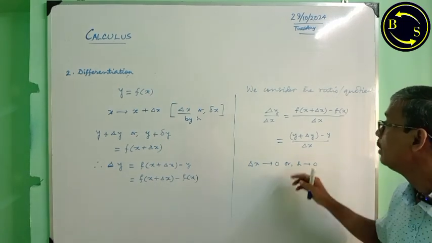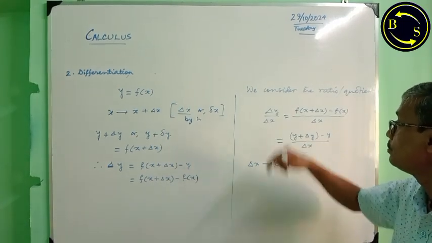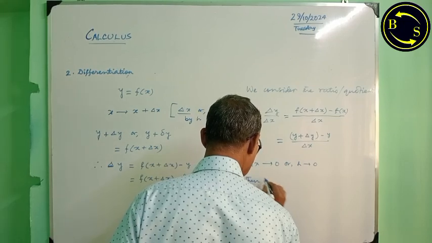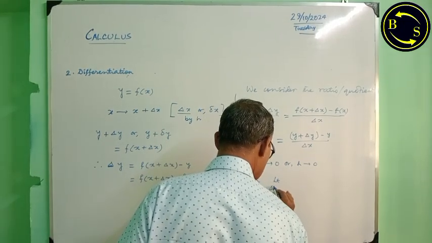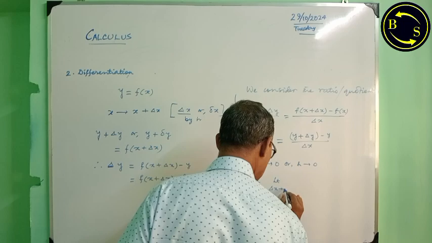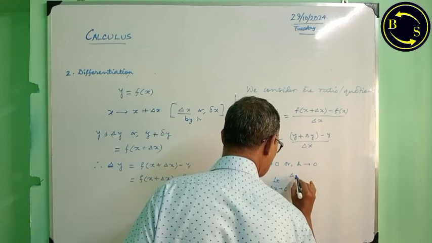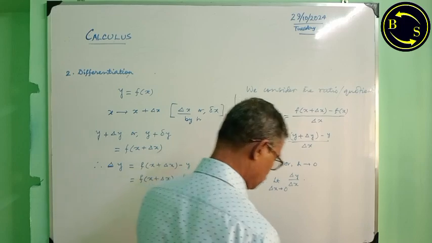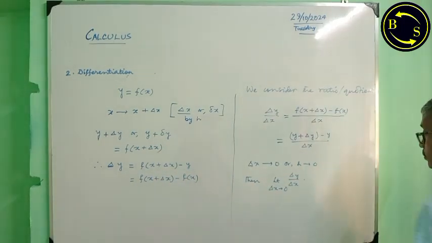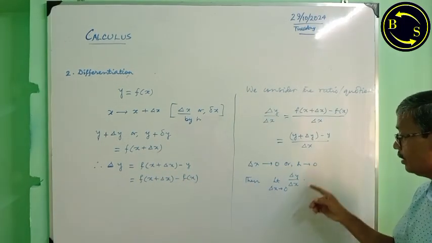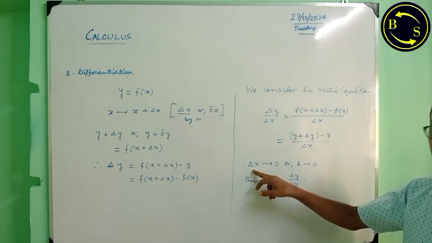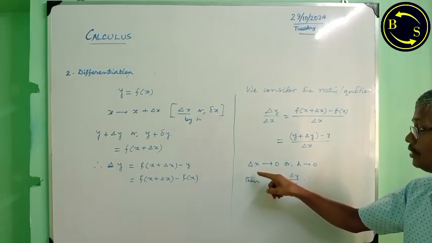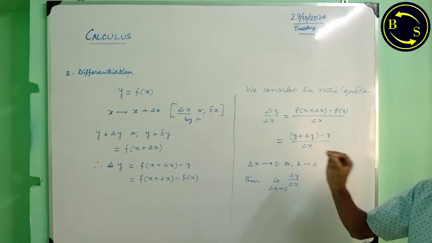Then this quotient or this ratio will be limit delta x tends to 0, delta y by delta x. Thus, this is a limit. Delta x tends to 0 means change in x is very small.